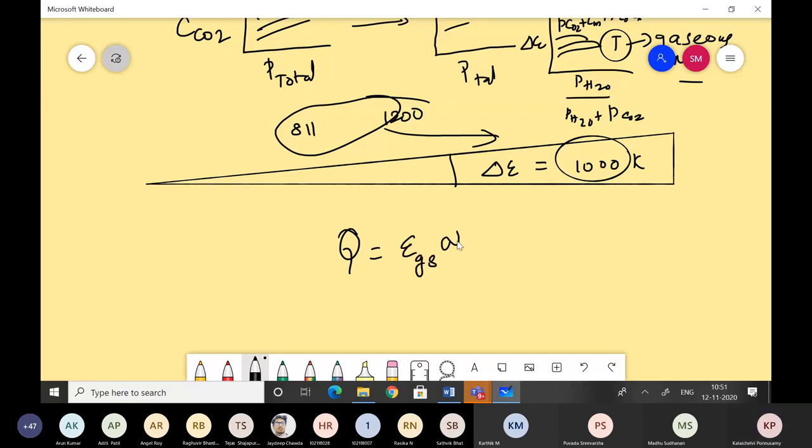What are the two values now? Gaseous temperature and surface temperature, right?